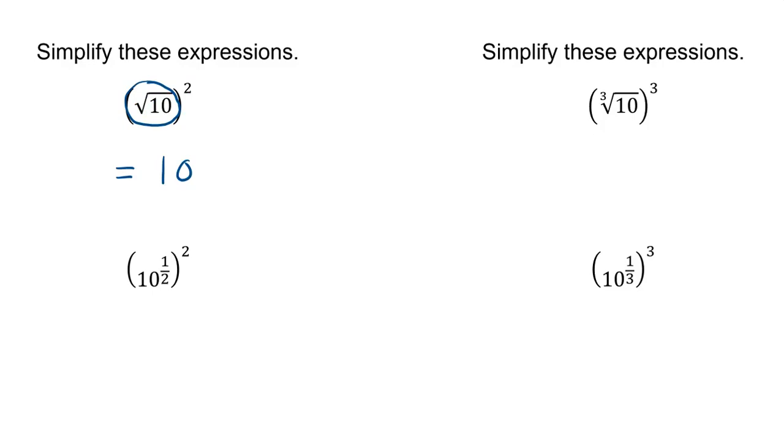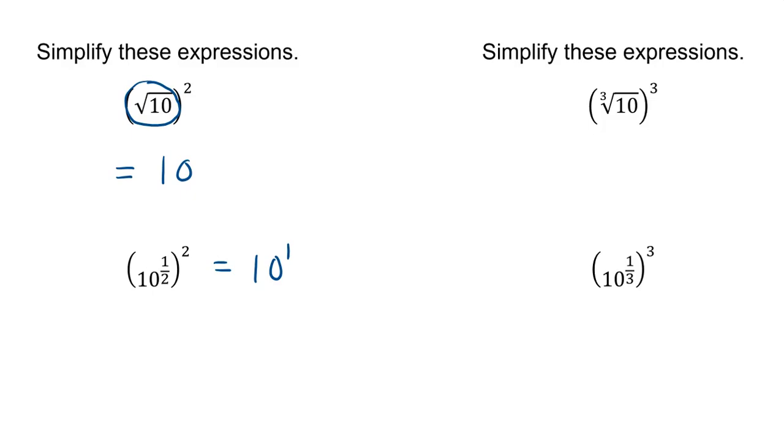Now let's look at the expression below this one. 10 raised to the 1/2 power squared. Well, I don't know what it means to raise 10 to the 1/2 power, but I do know that I can simplify this expression using my laws of exponents. 10 raised to the 1/2 squared can be simplified as 10 to the first, because anytime we have an exponent raised to a power, which is the case here, we can multiply our exponents.